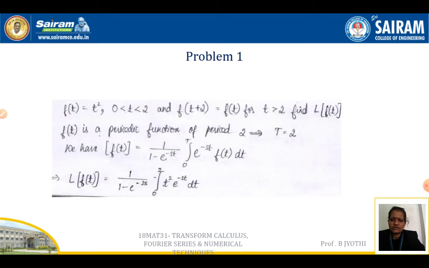So this will be 1 upon 1 minus e power minus 2s, because the period is 2, where s is the same and T is replaced with 2. And this is the integral from 0 to 2 of t square e power minus st dt. So this is a constant part, and this we need to evaluate.